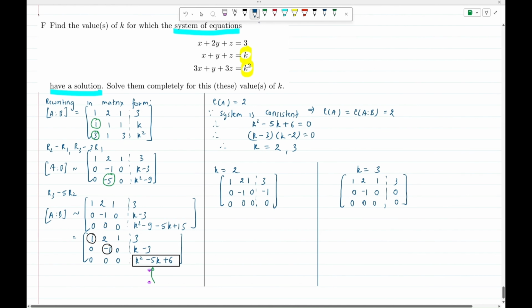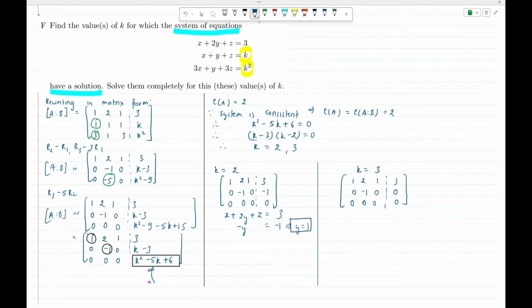From k equals 2, we get the system to be x plus 2y plus z equals 3, and -y is equal to -1, which gives us y is equal to 1. Now since the rank is 2 and the number of unknowns is 3 in this case, we have one free variable. So let's say that z equals t is the free variable.